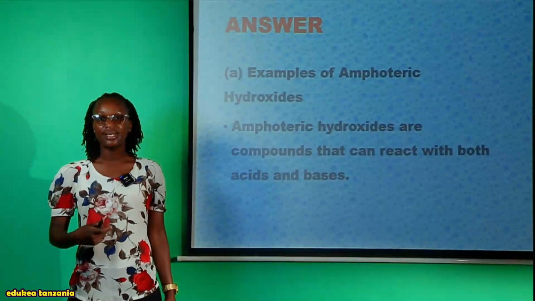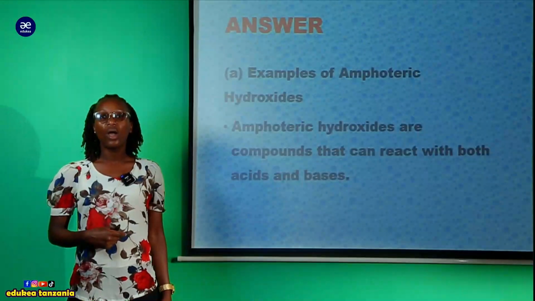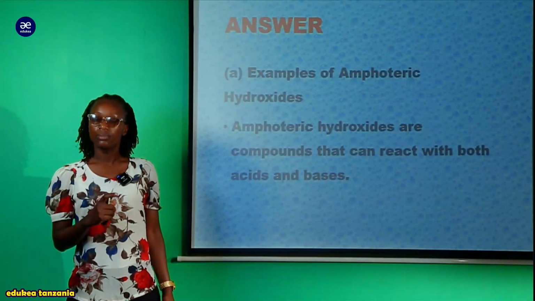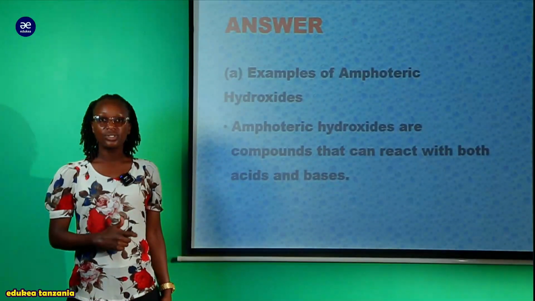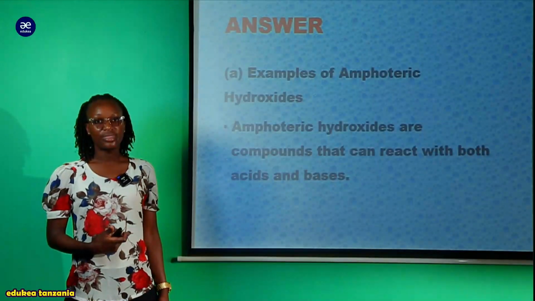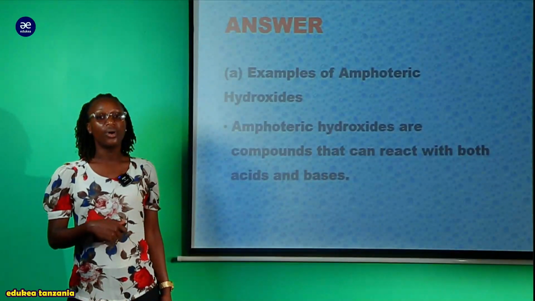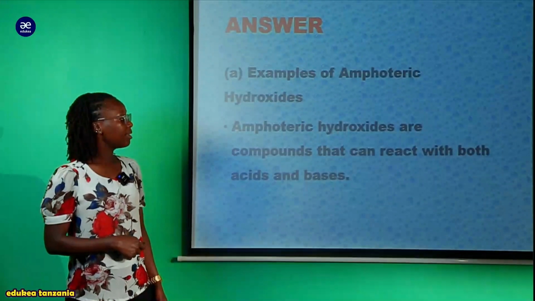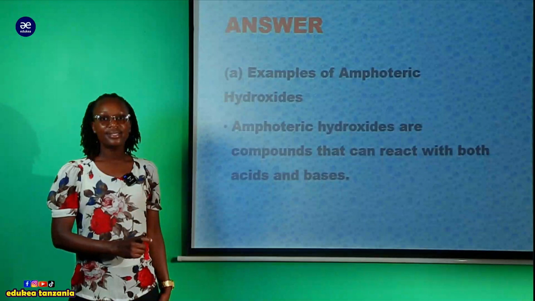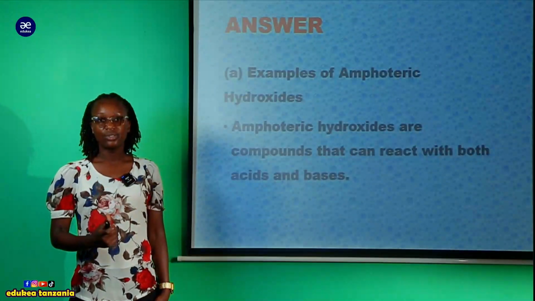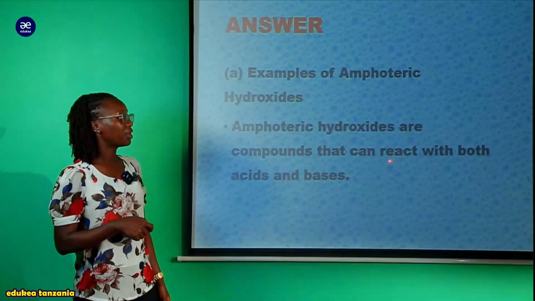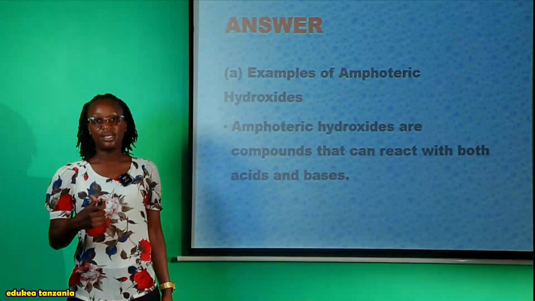Once we say something is amphoteric, kinakuwa na dual property, means kina play both sides. It can react with acids, but at the same time it tends to react with bases. Hiyo ndo amphoteric. Tukisema amphoteric hydroxide ina maana ni zile hydroxide ambazo zitareact na acid, pia zitaexhibit property ya kureact with the base.